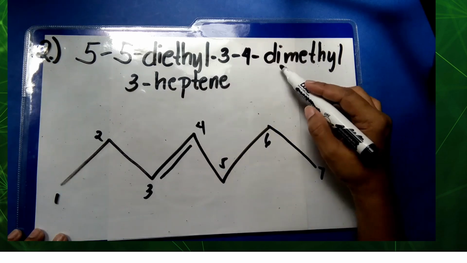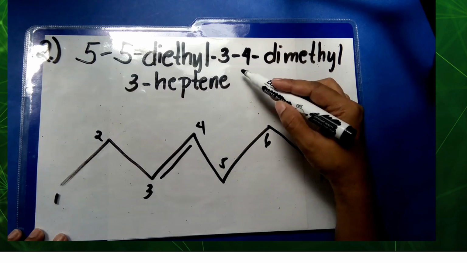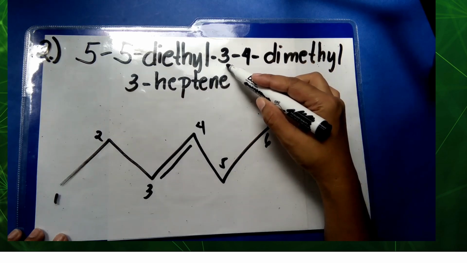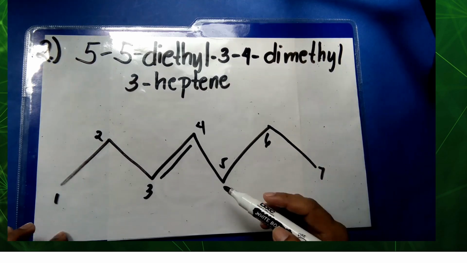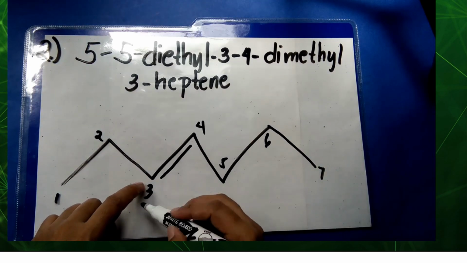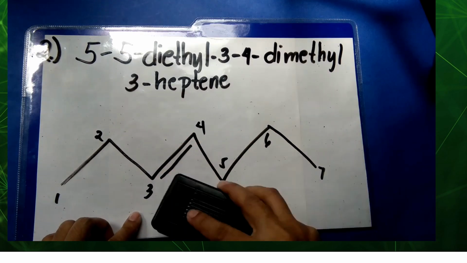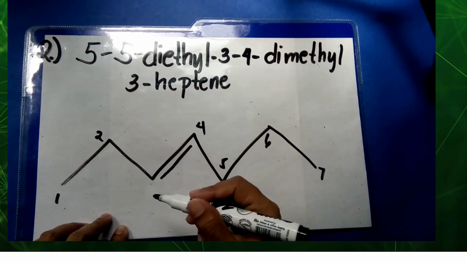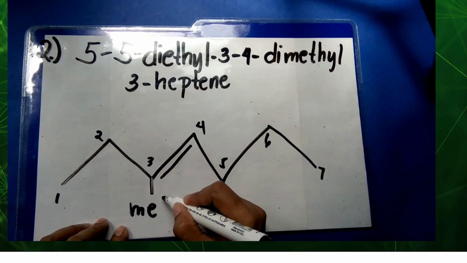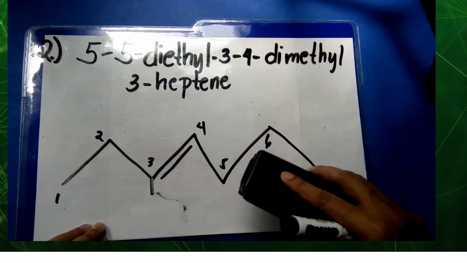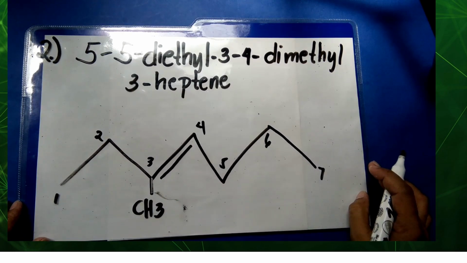And then there are 2 methyl. Where are they connected? Which carbon atom number? So we have on the third and on the fourth carbon atoms, methyl. So let us look for number 3 carbon atom here. So there is a methyl. I will go back, I will place it here. There is a methyl, the symbol or structure CH3.